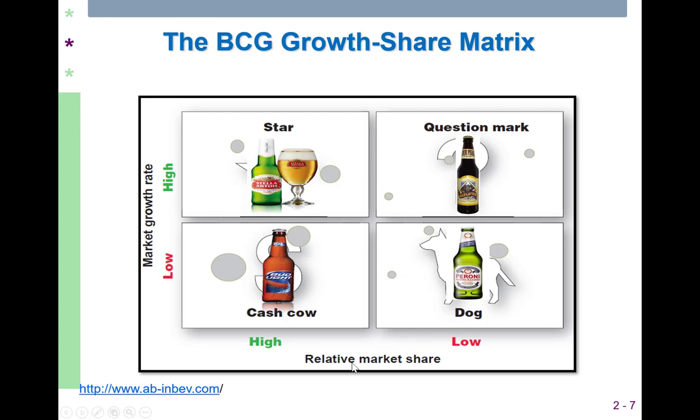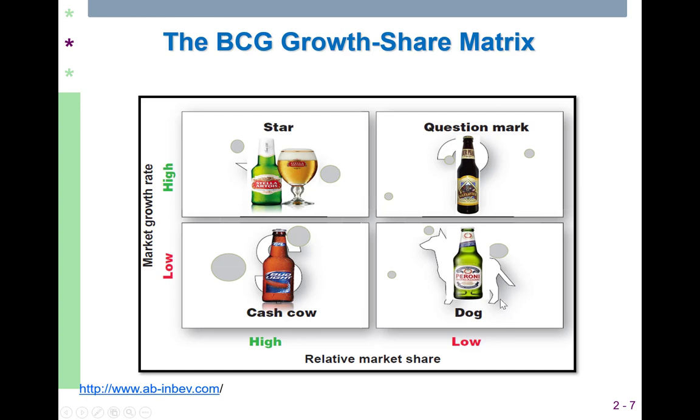If their relative market share and market growth rate is high, perhaps like Stella Artois, they would place it in here. If their market share was high, but the growth rate isn't all that great, maybe like a Bud Light or a Budweiser, they'd put it down here. If the relative market share was low, but the growth rate of the particular product or product line is high, then they'd make it a question mark.